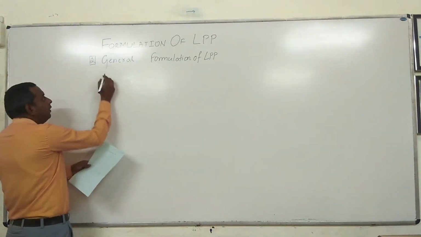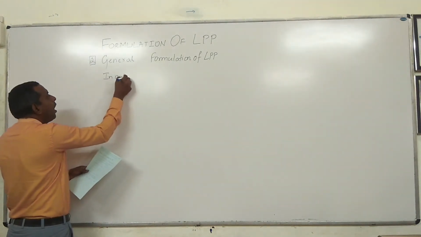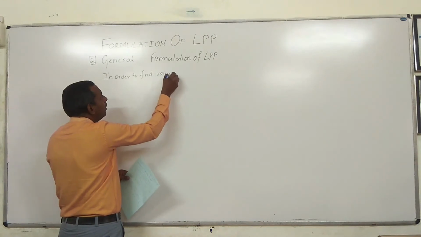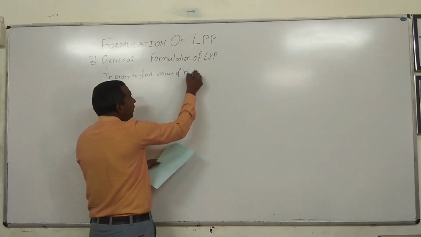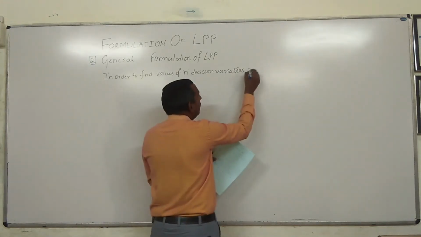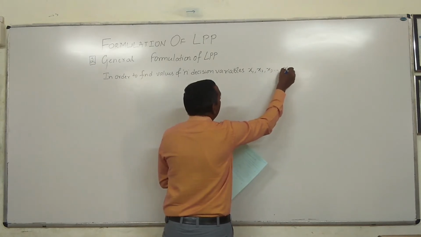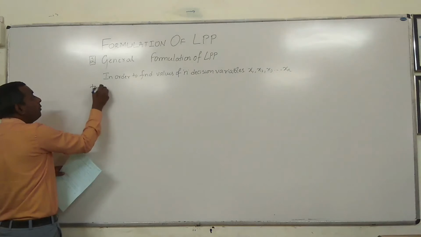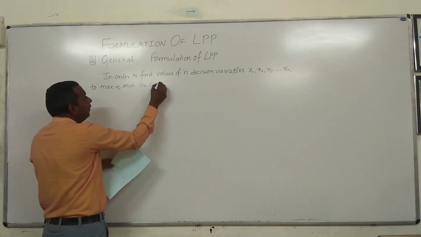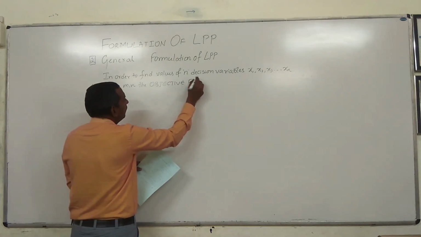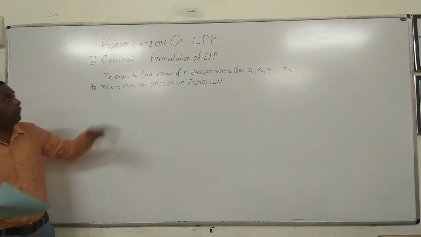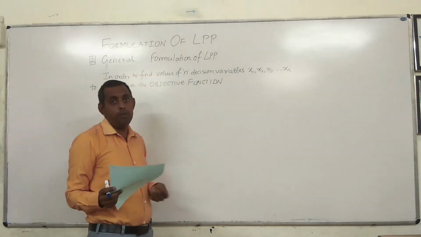So in order to find values of n decision variables, that is x1, x2, x3 up to xn, whether it is to be maximized or minimized, the objective function.